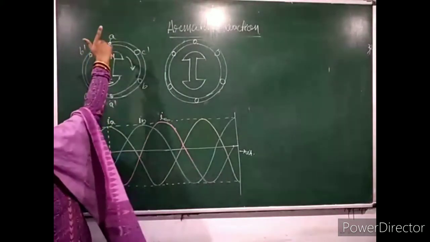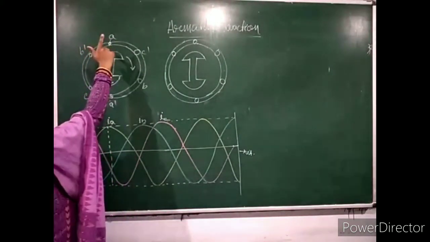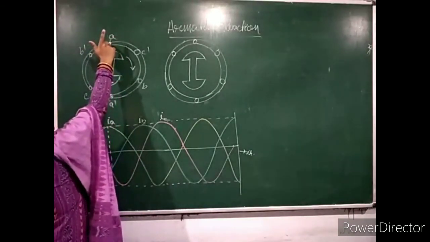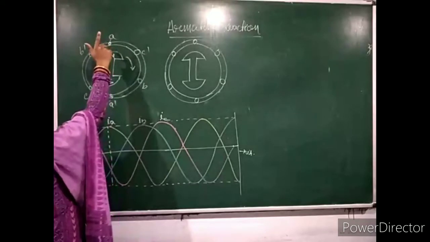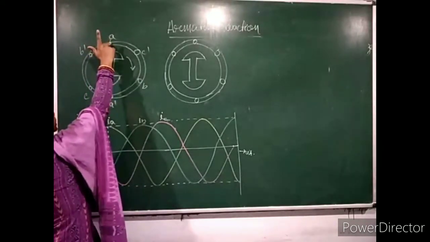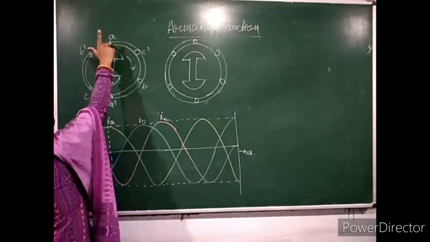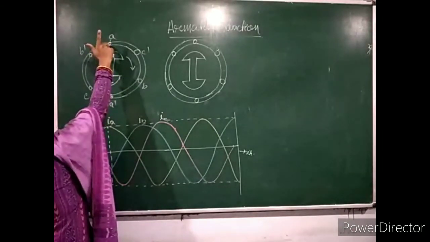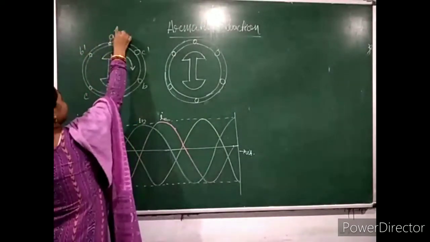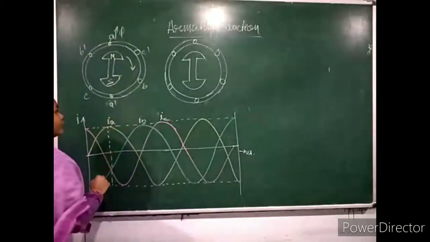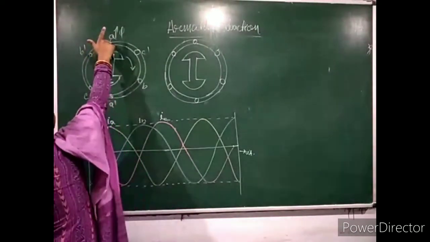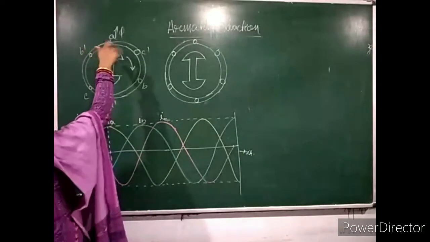So if I apply Fleming's right hand rule here, then my middle finger shows the inward direction of EMF, my forefinger shows the direction of field or main flux, and the thumb shows the direction of the conductor.